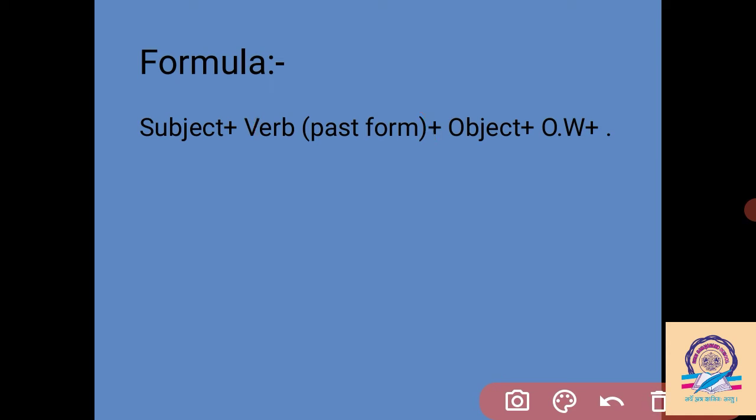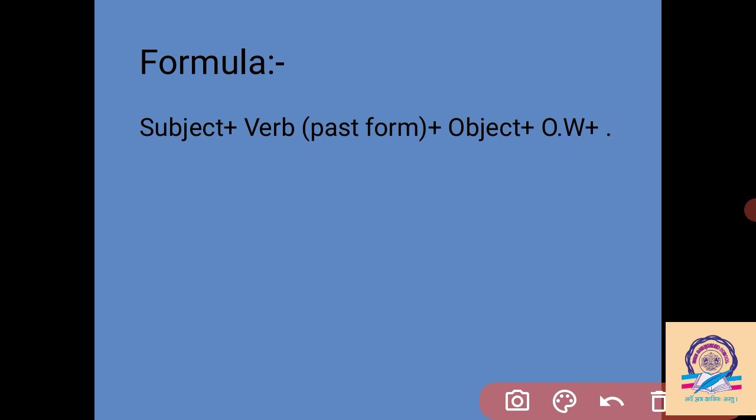The second position is the verb, but remember it carefully: we have to write the past form of the verb. Then the third position is the object, then OW, which means other words. Then we have to put a full stop at the end.